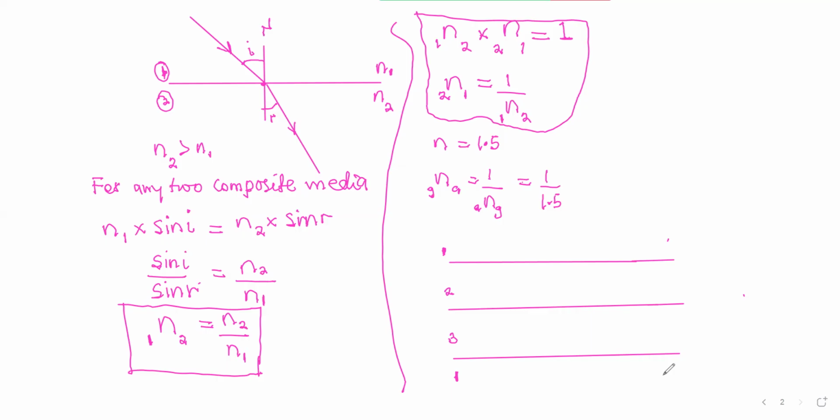Now the refractive indices are n1, n2, n3, back to n1. Let's incident light in medium 1.